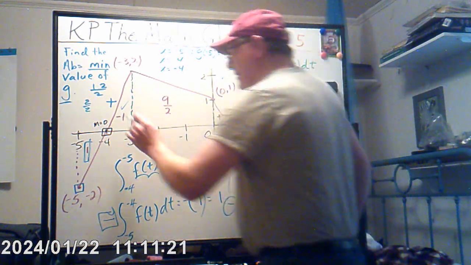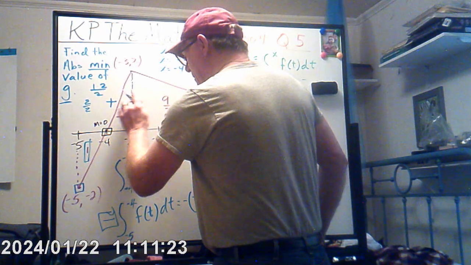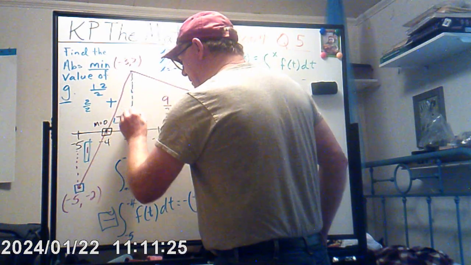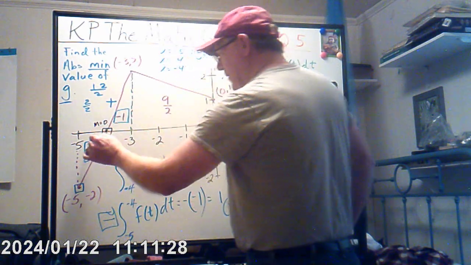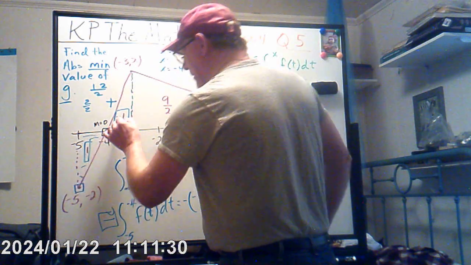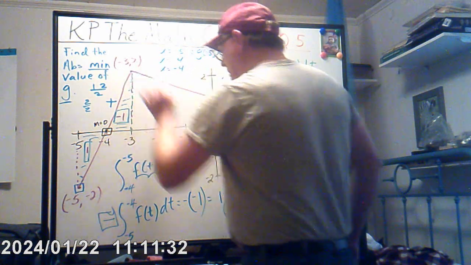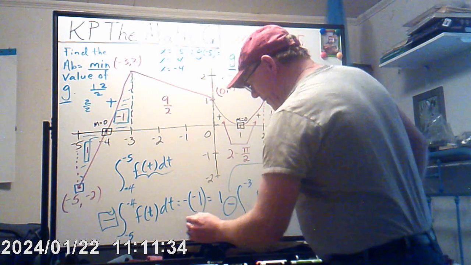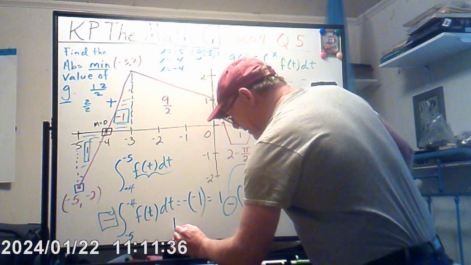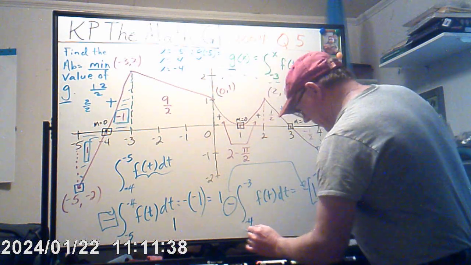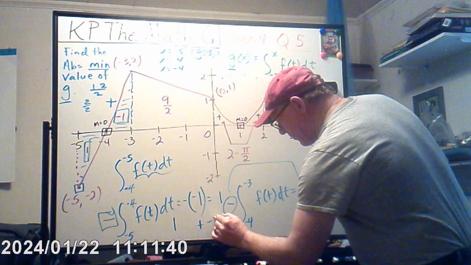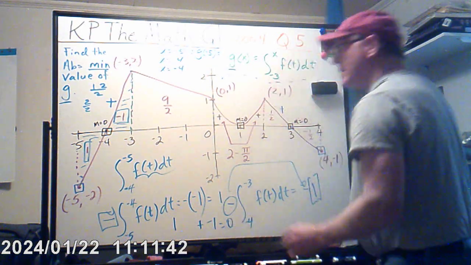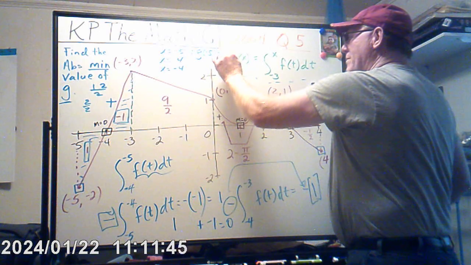So this is 1, this is negative 1, and when you add these two areas together, we're looking at displacement area. So this is 1 plus negative 1, which is 0. So g at negative 5 is actually 0.